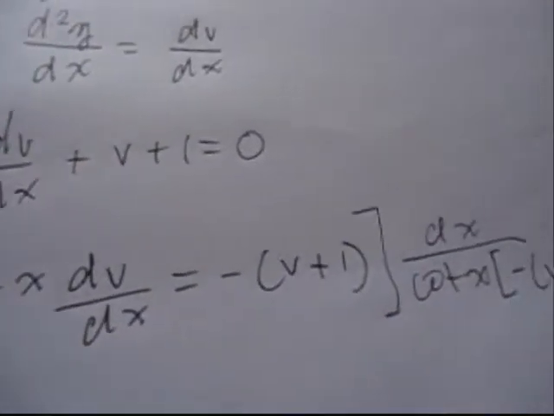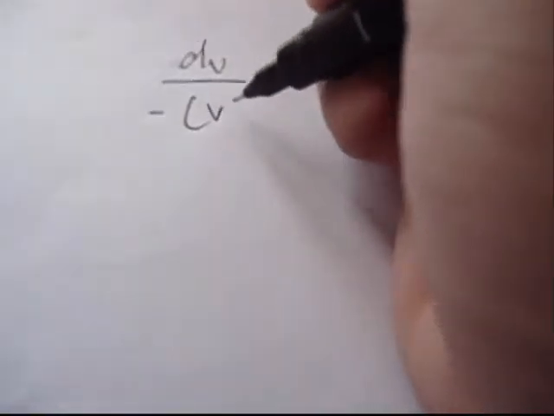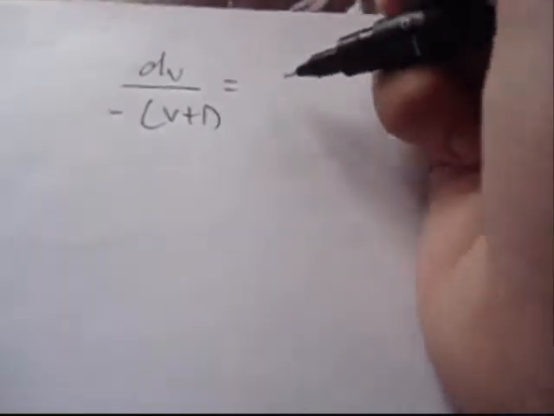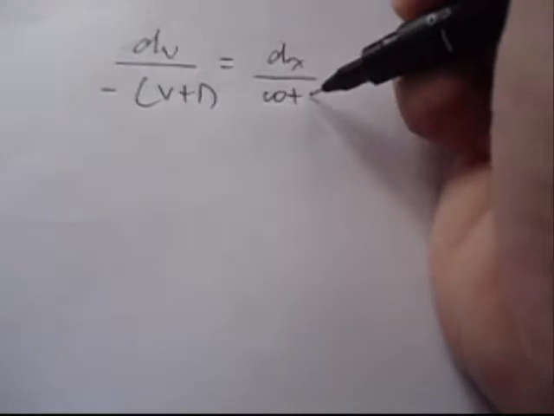Then after doing that, we have this equation dv over negative v plus 1 is equal to dx over cotangent x.